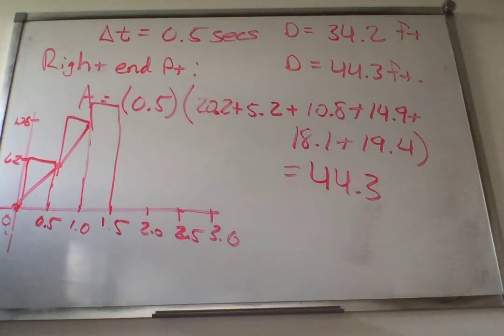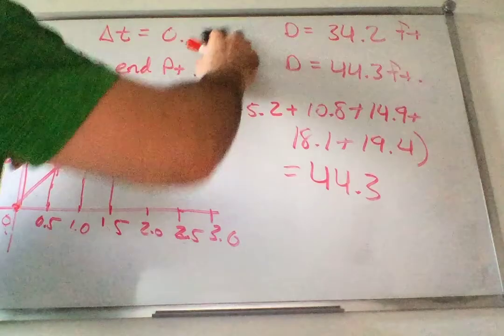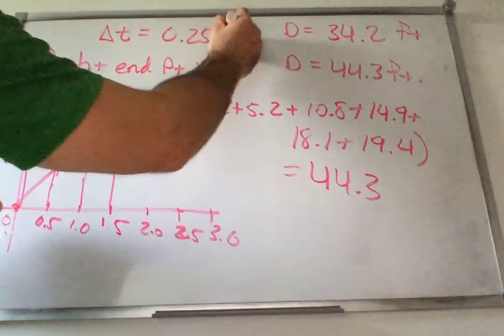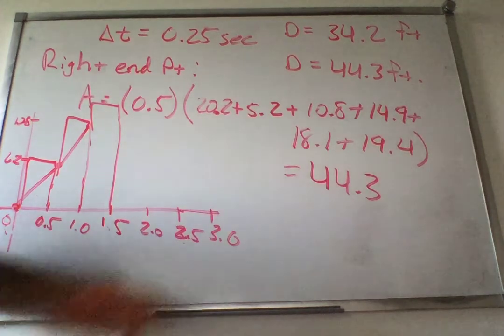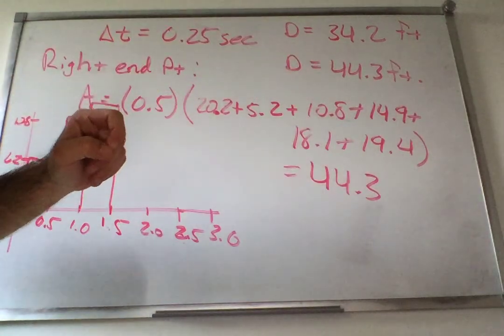Okay? Now, if we had a speed gun that took sample points at, say, 1/4 of a second instead of a 1/2 second interval, our table would be bigger. We'd have double the amount of data points. So then the areas that we calculate are going to be closer to the actual area.